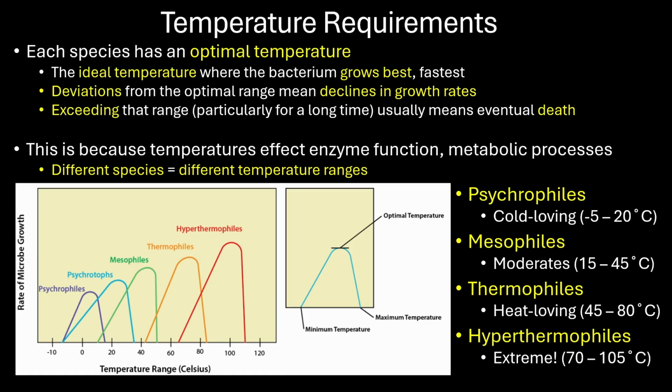We actually have important terms that we use to describe species that fall within these different categories of their specific temperature needs. So we have psychrophiles, that is the cold-loving species that thrive in -5 degrees Celsius to 20 degrees Celsius, okay?